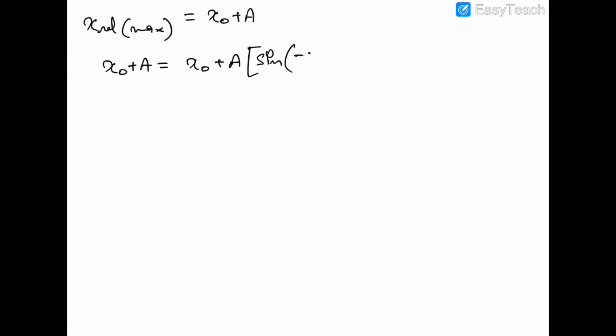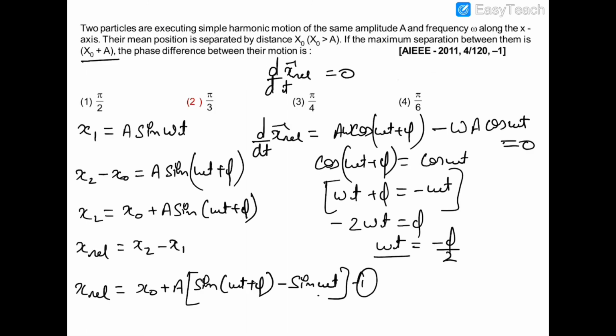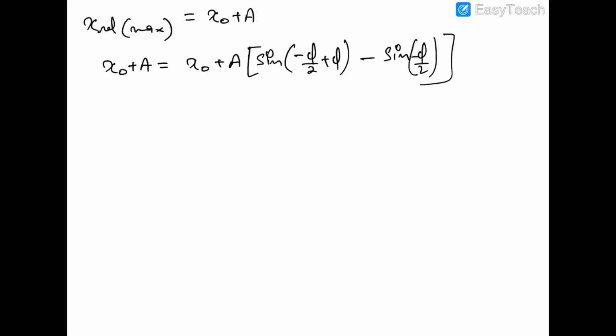So this is sine(minus phi by 2 plus phi) minus sine(minus phi by 2), because this is sine omega t. Cancelling x naught with x naught and A with A, we get sine phi by 2 plus sine phi by 2 equal to 1.